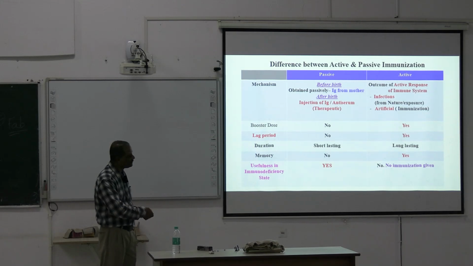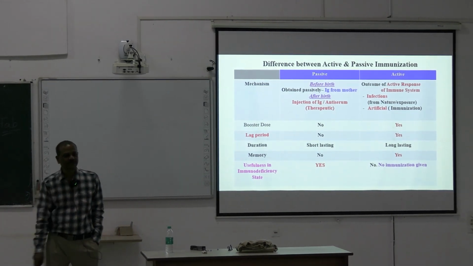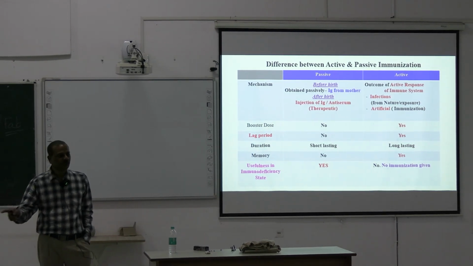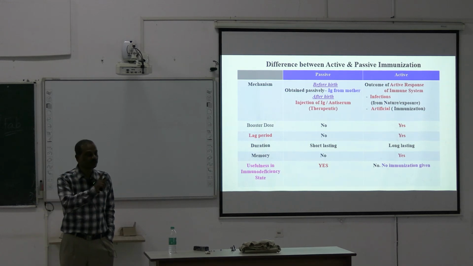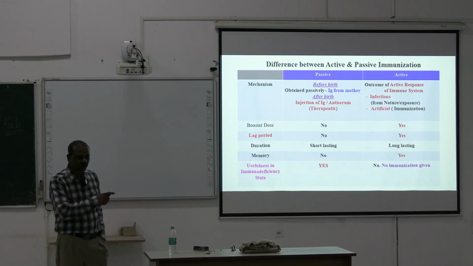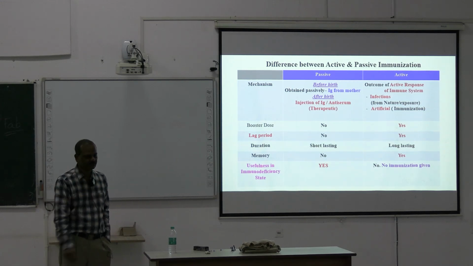But active is not given, and no immunization is given. Remember, in immunodeficiency state, vaccines cannot be given. The role of a doctor at the peripheral level is to decide whom to vaccinate and whom not to vaccinate. So they know what the immunodeficiency conditions are, not other stuff. So you have to decide that this child cannot be vaccinated at this stage.